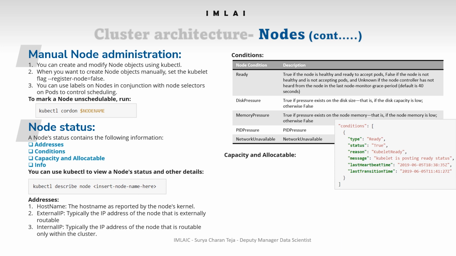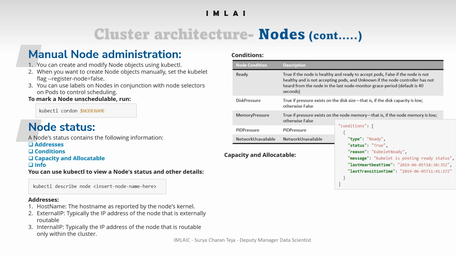Now, this example describes a healthy node. Last heartbeat time, last transition time. So it basically represents a healthy node. Then you will have an external IP and an internal IP as part of the kubectl describe node data.